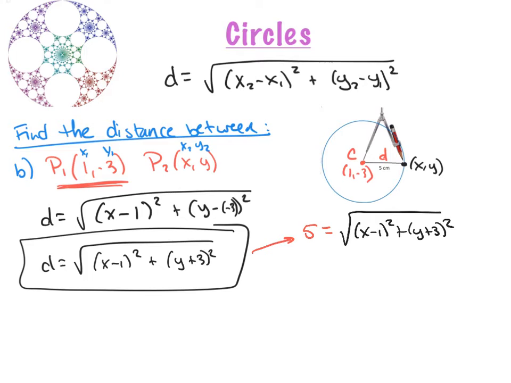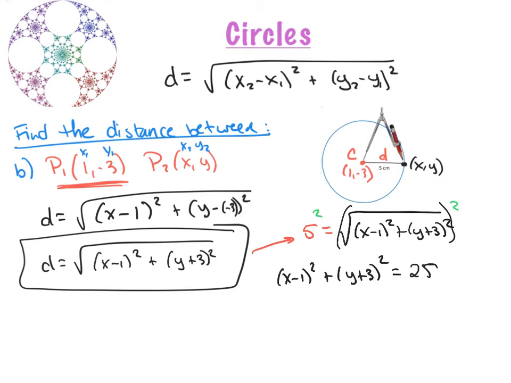And usually when we're writing circles, we do two things. We don't write the square root in anymore. We square both sides. So let's do that. When we square this side, the square root goes away. We write the x minus 1 squared, y plus 3 squared on the left usually, and then the 5 squared is 25. We write it on the right-hand side.